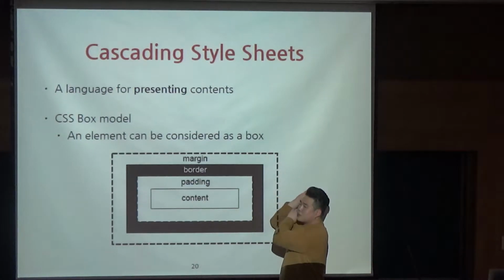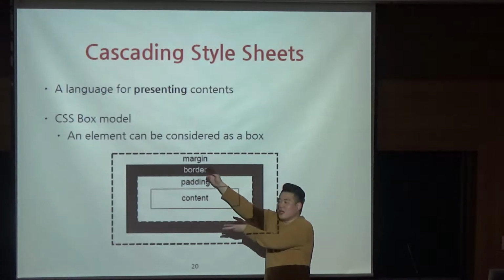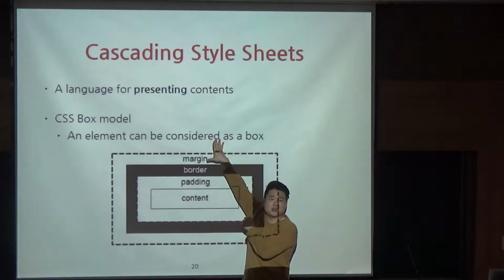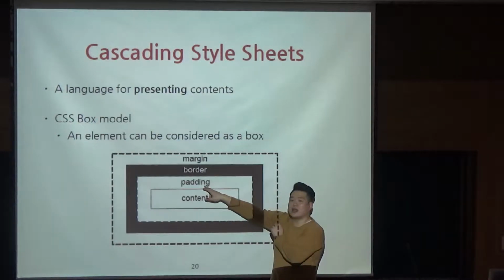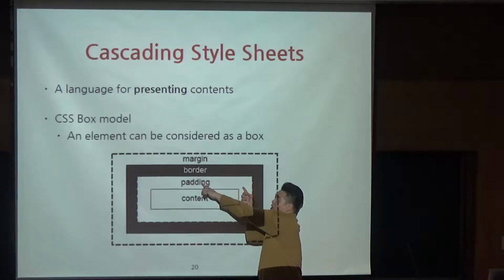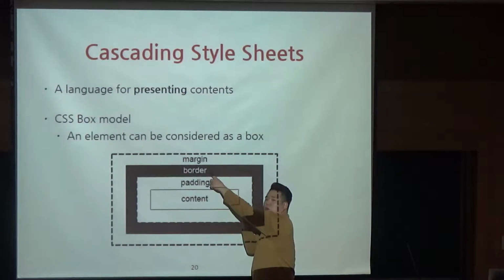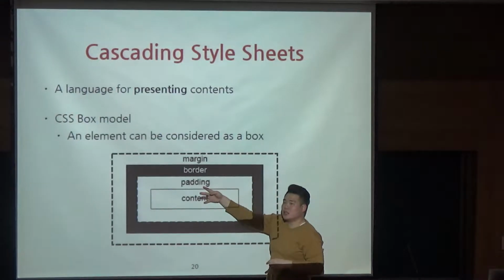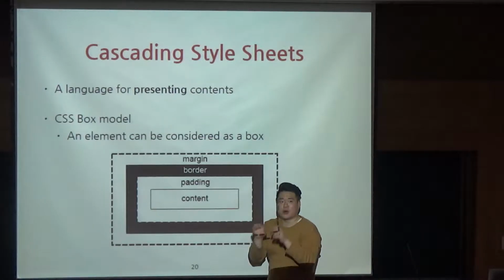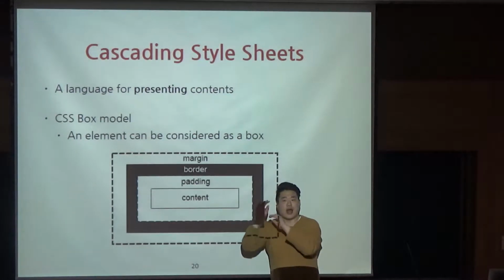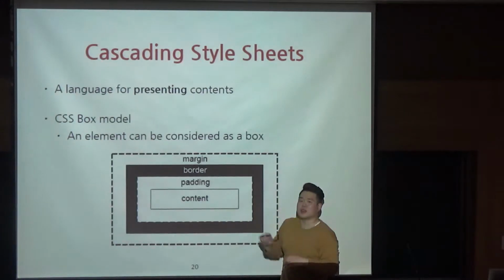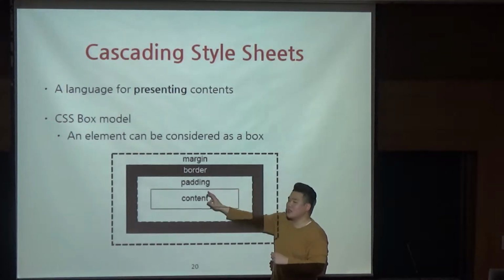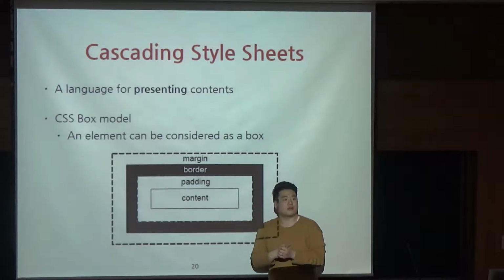If we specify the margin size as 20 or 30 pixels, then it will grow by that many pixels. We also have padding. The padding is between the content and the border. So there are 4 different things for a single box. Every box has these 4 things, so we can change some properties of them.